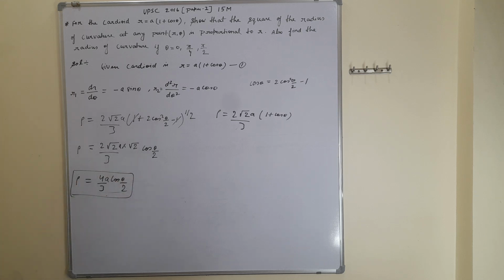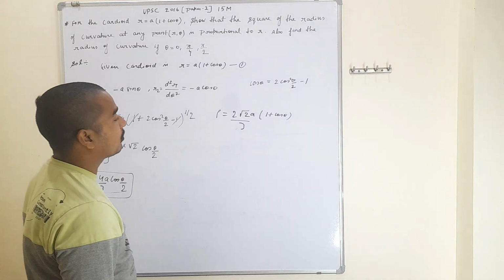We have to show that the square of the radius of curvature is directly proportional to r.